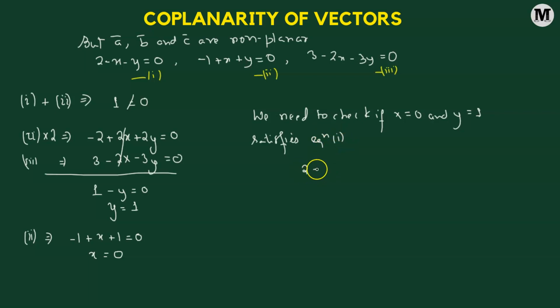So we have 2 minus x, which is 0, minus y, which is 1. So 2 minus 0 minus 1 is 1, and 1 equals to 0. Now we know that's not true. So this only means that the three vectors A vector, B vector, and C vector are non-coplanar. That means our assumption was wrong.